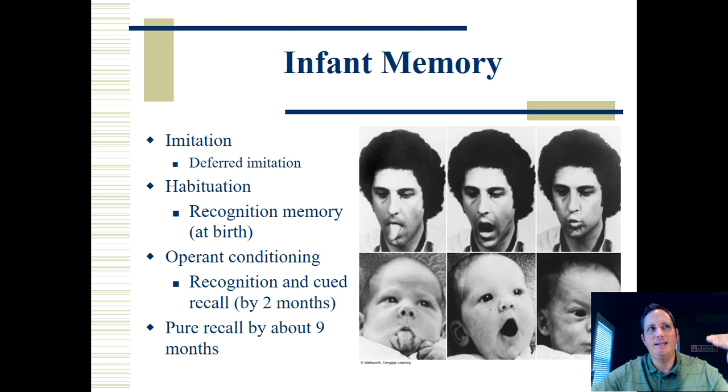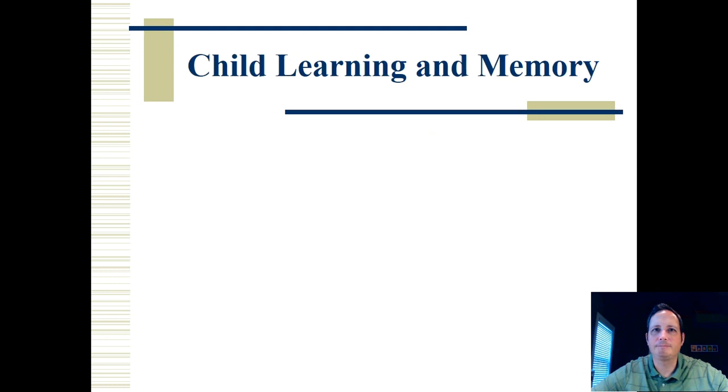But it is a true kind of marching advancement for these kids as they get more and more advanced and develop. Okay? So that's infancy and some of the memory developments that we see there, starting off with that very first recognition, going to cued recall, and then finally pure recall memory.